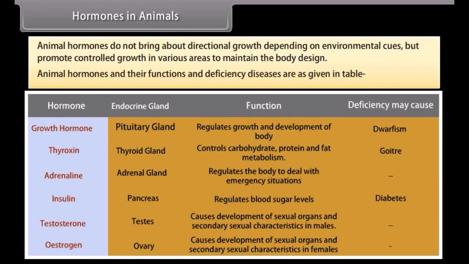Animal hormones and their functions and deficiency diseases are as given in the table. Endocrine glands.